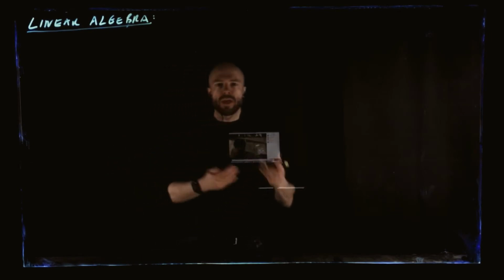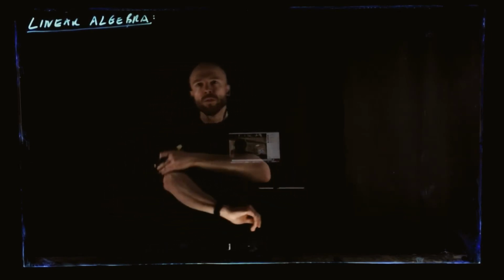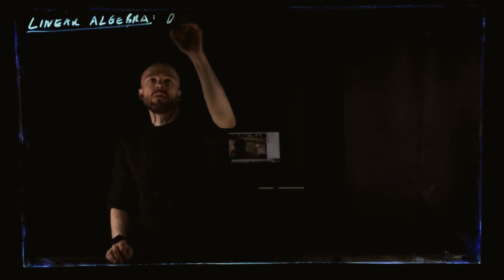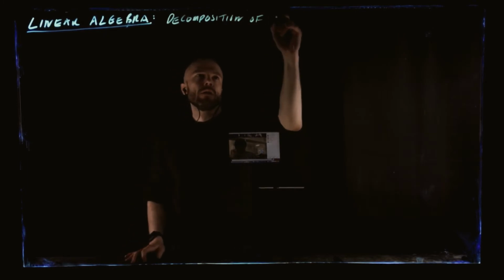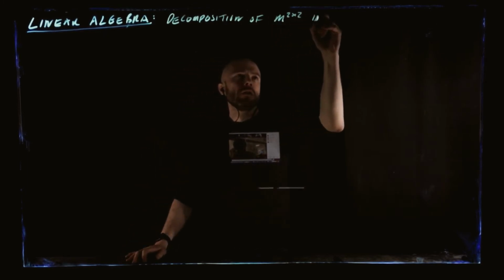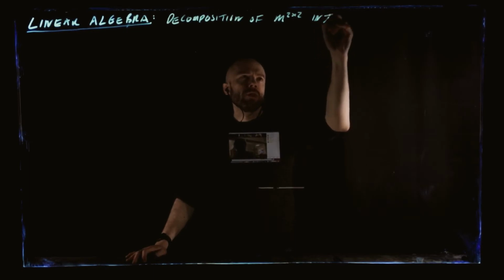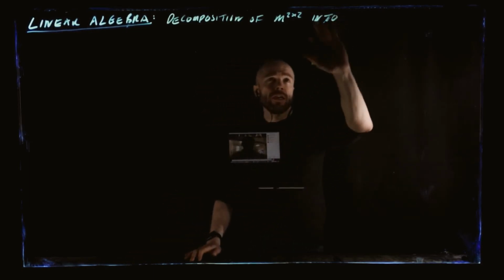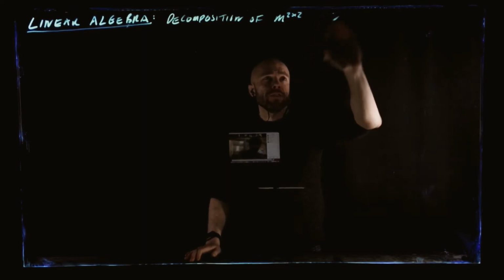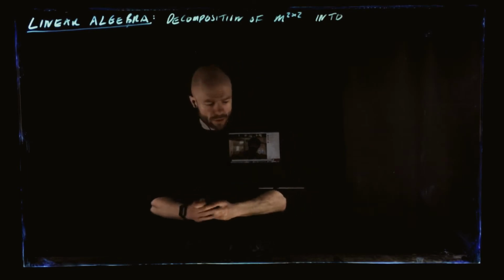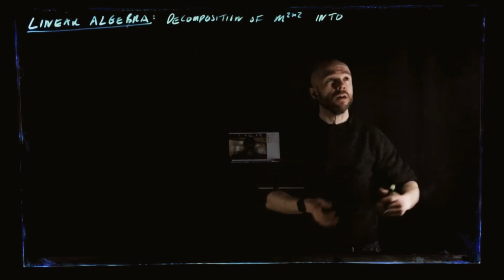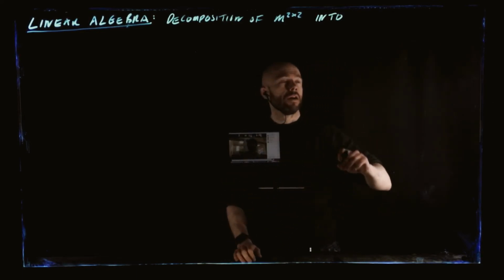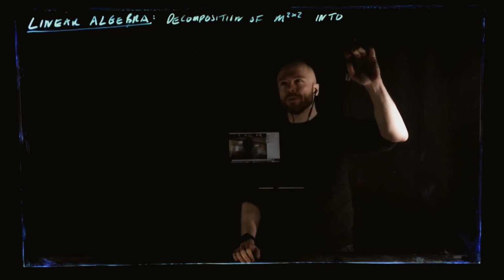Okay, so first we have the decomposition of 2x2 matrices into conformal and anticonformal parts, and this is an extremely powerful thing. If you ever end up doing calculations with 2x2 matrices, it's very much worth your while to consider decomposing them into conformal and anticonformal, because a lot of the calculations become much more transparent with this.